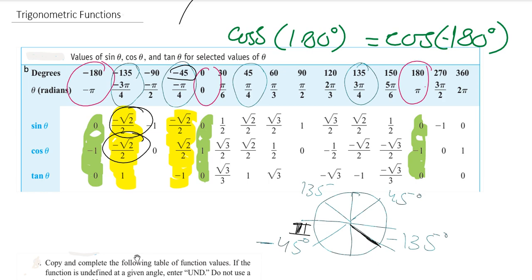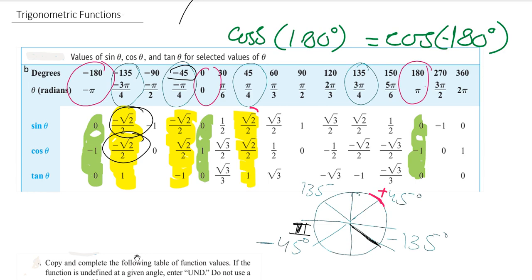Okay, in positive 45, over here you will get all of the positive values of cos 45, sine 45 or tan 45. So you can see that you will get the positive values.